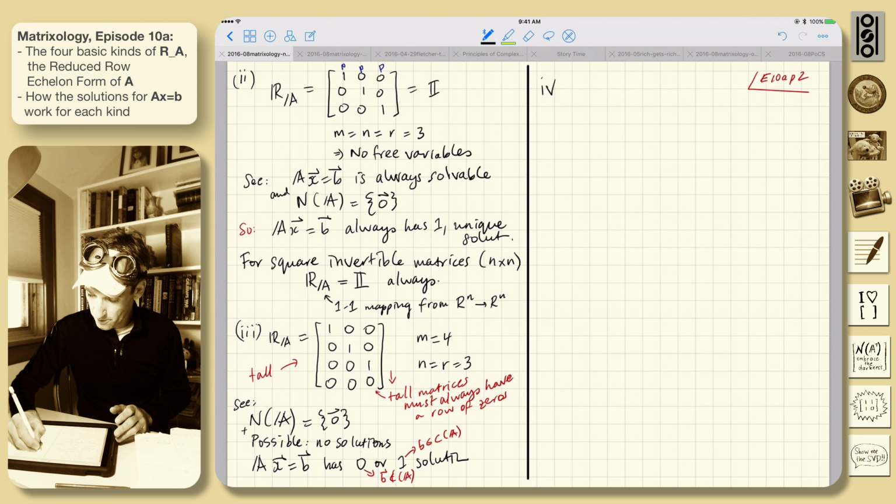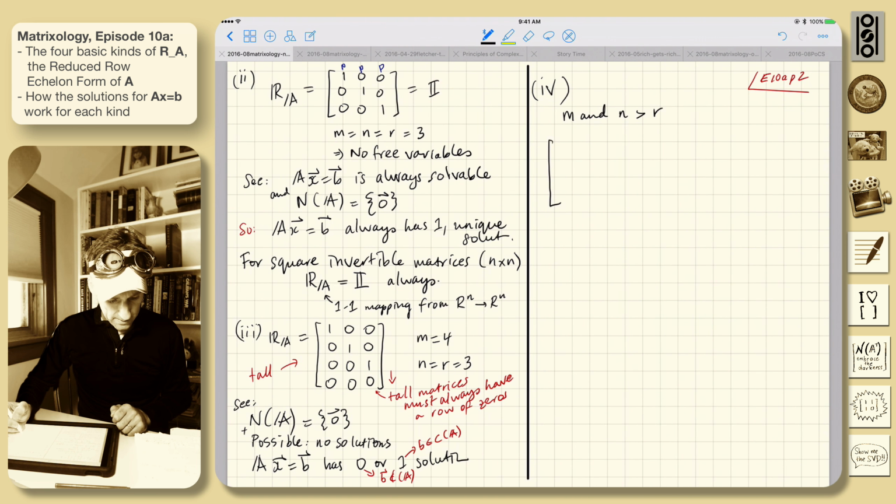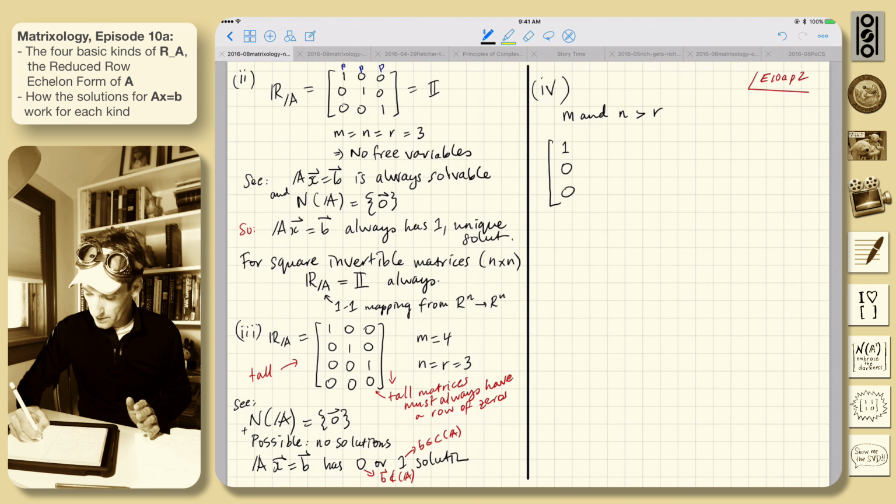All right, so there's a fourth possibility. It could be a square matrix, doesn't matter, but we have m and n greater than r. So an example might be similar to what we've had, right? So 1, 0, 0, maybe there's a apple here, 0, and then a 1, something like this.